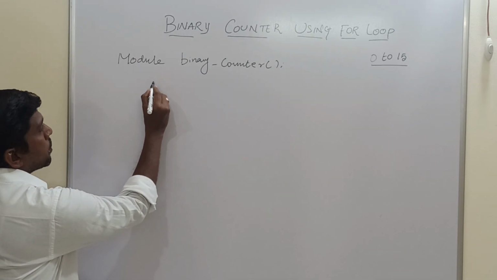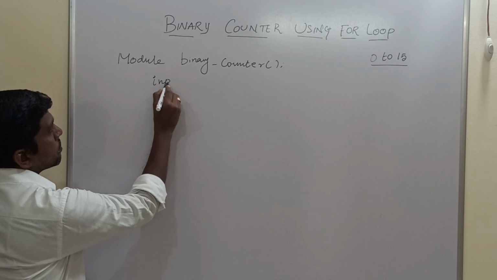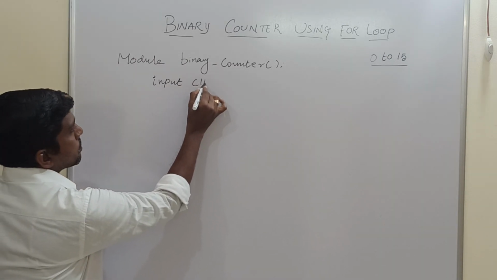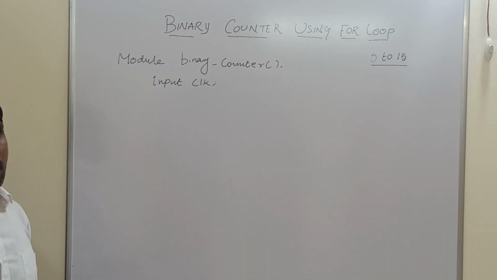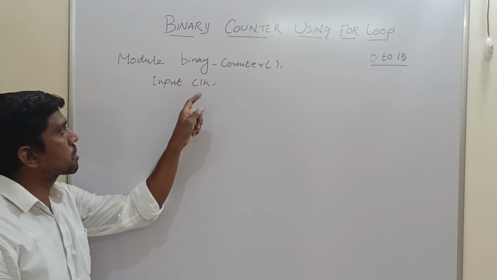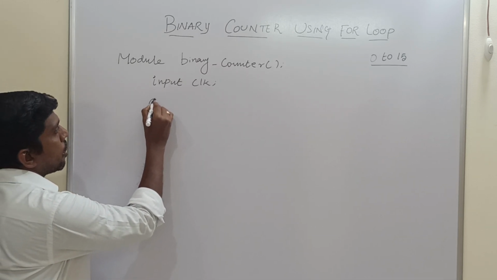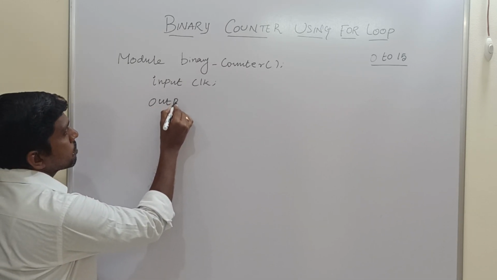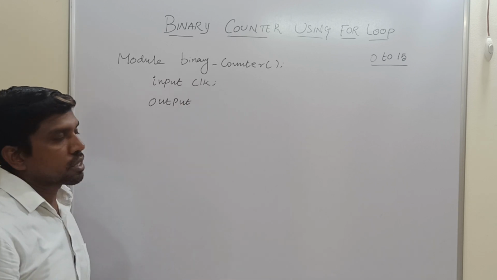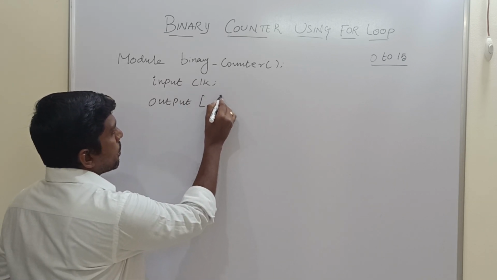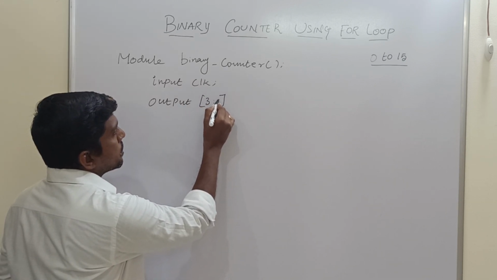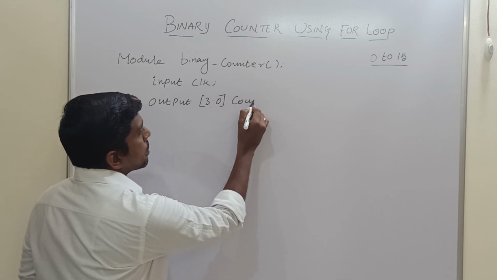Then input is clock. This counter comes under sequential circuit. So input is clock. Then output is count. This count value is a 4-bit value, [3:0] count.